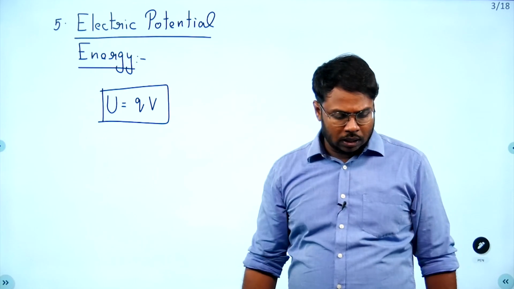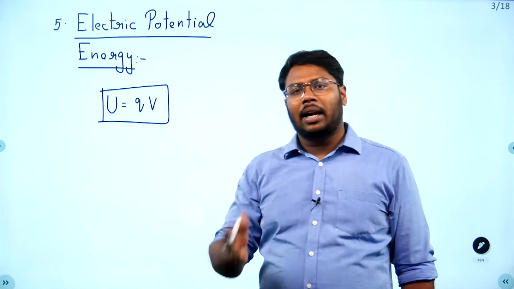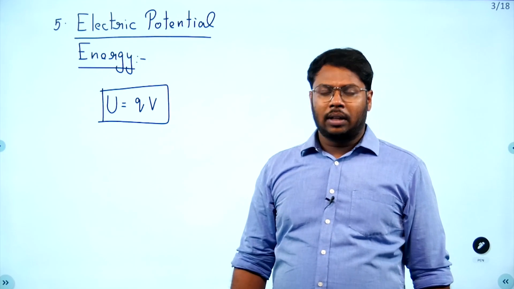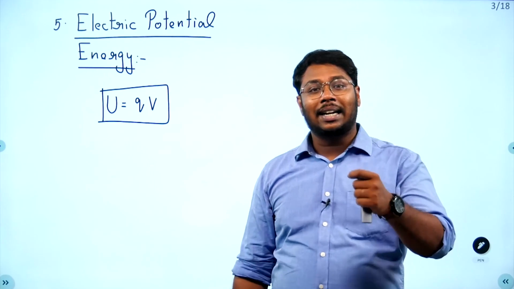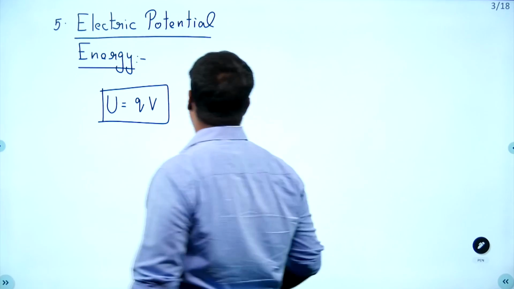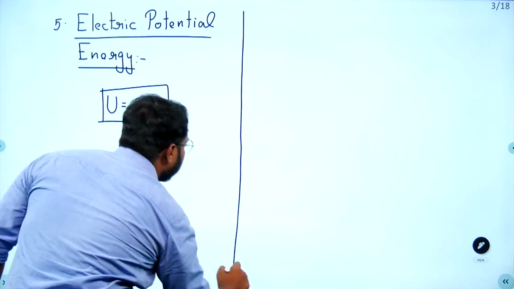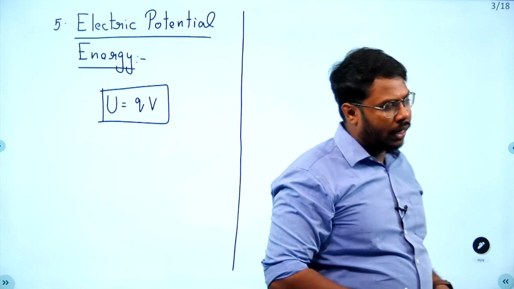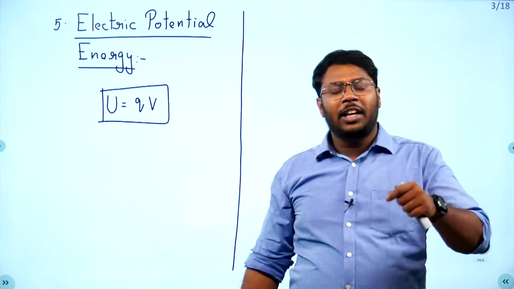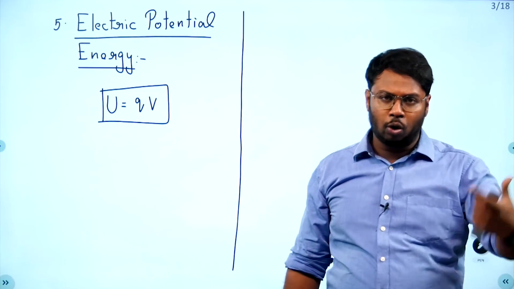Likewise, there is another important thing that we frequently study in this chapter, that is resistance. Why? Because we know that by setting up a potential across a conductor, I can make the free electrons present in the conductor move.